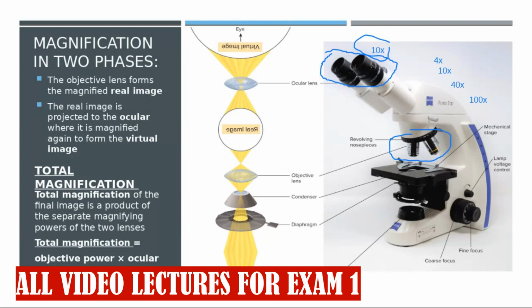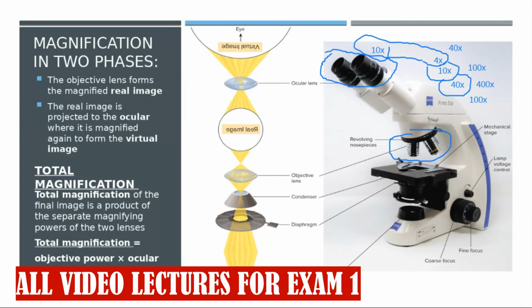For example, if we use the scanning lens to see the object, then the total magnification will be 4 times 10, which is 40 times. If we use the low power, then the total magnification will be 10 times 10, which is 100 times. If we use the high power objective lens, the total magnification will be 10 times 40, which is 400 times.